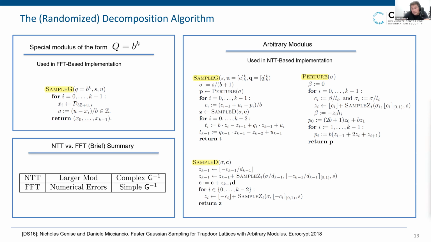The NTT can have a larger modulus, but you have to do more expensive modulus reductions, whereas with FFT, the modulus reduction is for free if it's a power of 2. But the modulus needs to be smaller due to limits on precision and numerical errors. Then for NTT, randomized decomposition is quite complex, whereas for FFT, it's actually very simple.